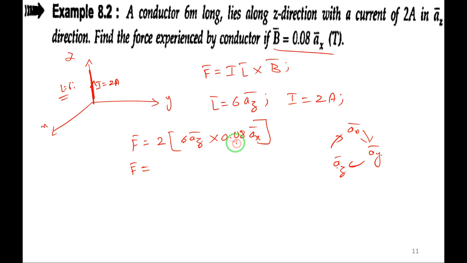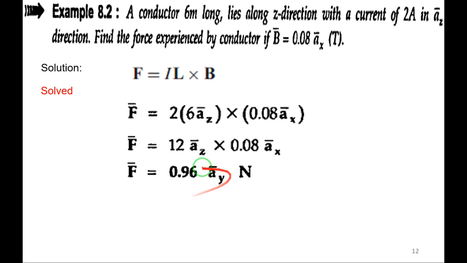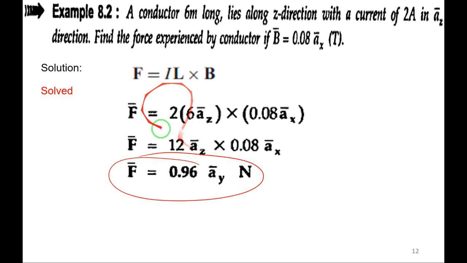So 6 into 0.08 I will do first. 6 into 0.08, I am getting 0.48. 0.48 into 2, so I am getting 0.96. But AZ cross AX is AY, so newtons. I hope you are getting it. So F is equal to 0.96 AY newtons. The solution is here, 0.96 AY newtons, right? So we will wind up today's lecture.